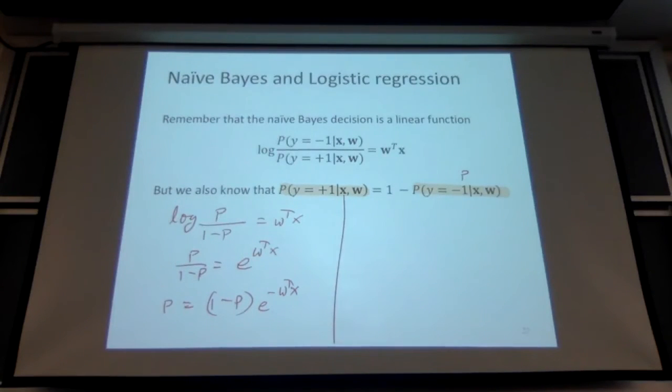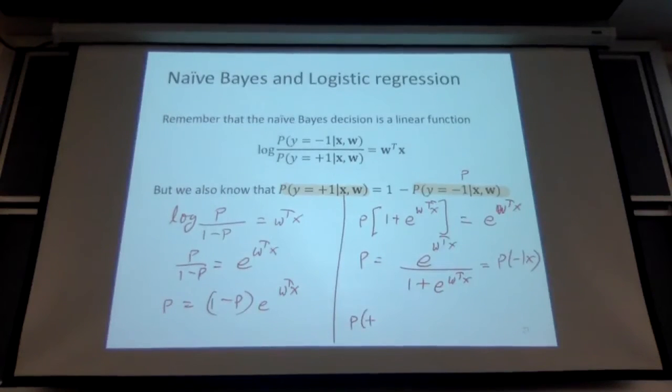I can keep the P terms on one side, so it's P times 1 plus e to the power w transpose x equals e to the power w transpose x. So this is really the probability of minus given x. It's exactly the same thing we had for logistic regression. It means the probability of plus given x is 1 minus this, which is 1 divided by 1 plus e to the power w transpose x.